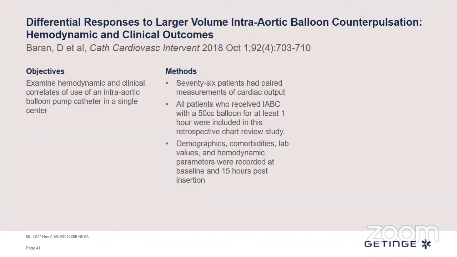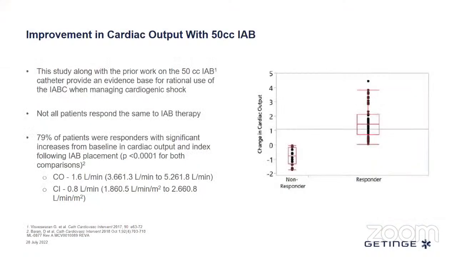Third one is Baran, and he looked at the previous studies and a total of 76 patients and so forth. And I'm just going to give you a bit of a synopsis here. I spoke about how a patient can respond to any given treatment, and it can vary, okay?